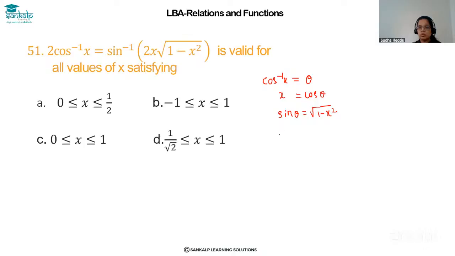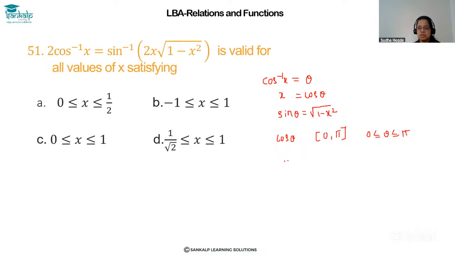So the cos theta value lies between 0 to pi, because of the domain of cos theta. Now, you can write this as 0 less than or equal to theta less than or equal to pi. Okay. Now take the RHS.